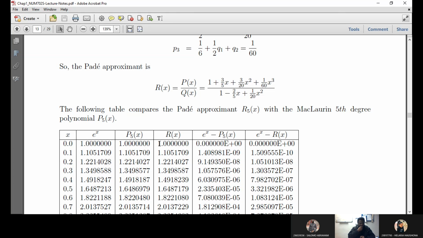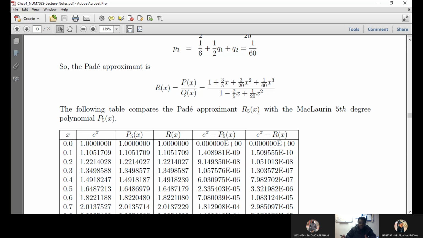Now look at this expression. If you want to compute the complexity of this one, the number of floating point operations, particularly the number of multiplications, because we know that the number of additions will be equal to the degree, it will be exactly the complexity of the numerator as a polynomial plus the complexity of the denominator as a polynomial.